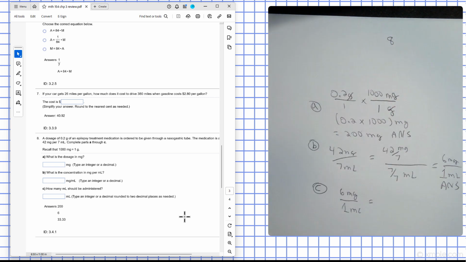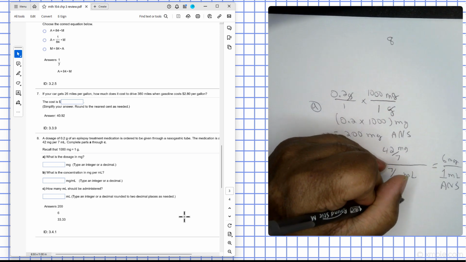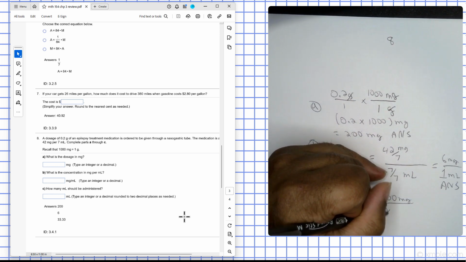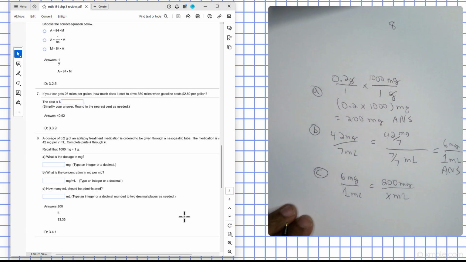And we know that the person is going to need how much medication? 200 milligrams. And how many mils is that going to be? So we can cross multiply and divide.